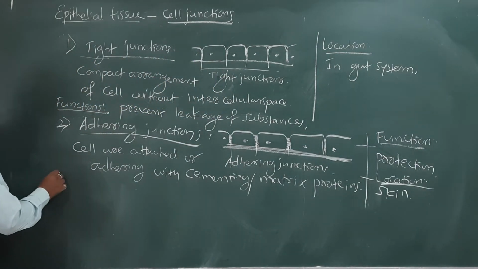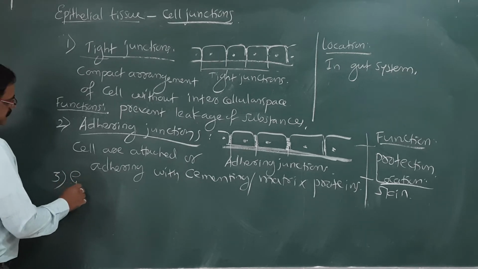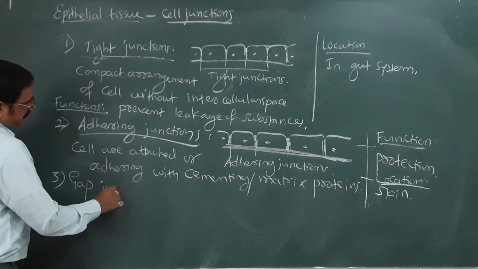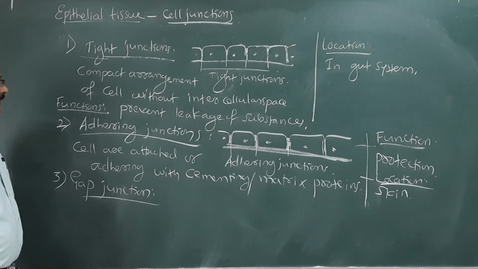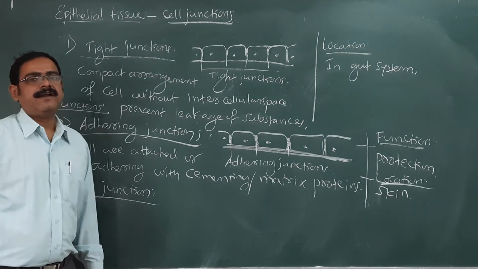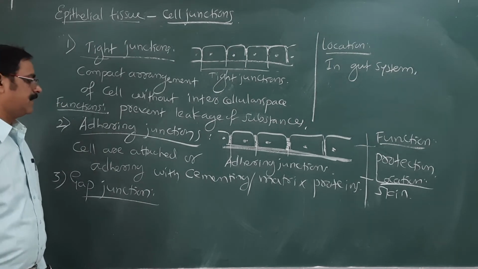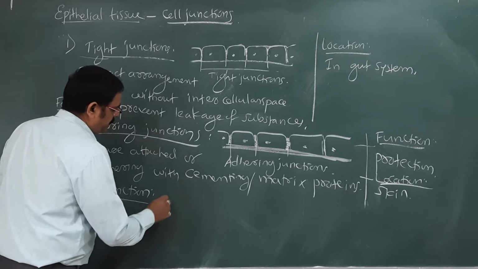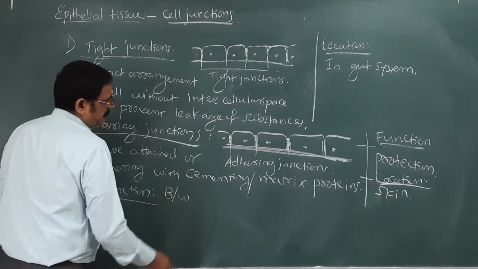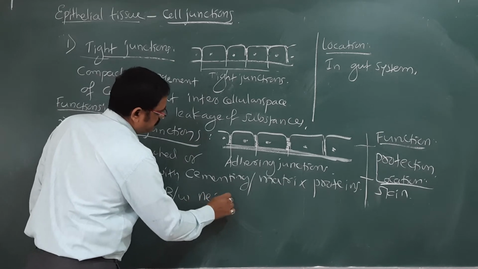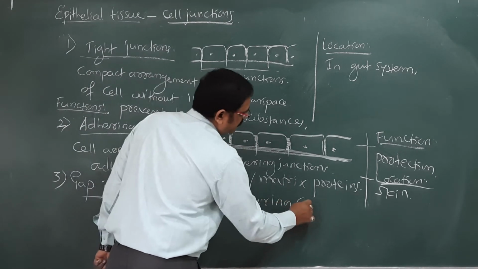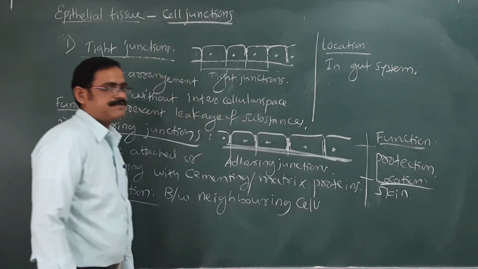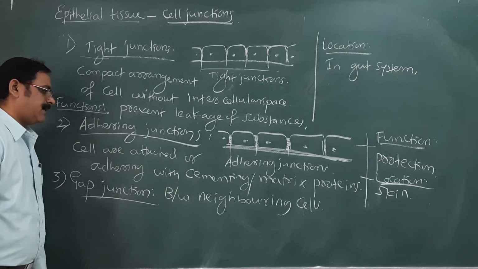Then number 3, we call them gap junctions. So yes, we find a certain kind of gap between neighboring cells. We can find the gap junctions there. So what are these gap junctions?